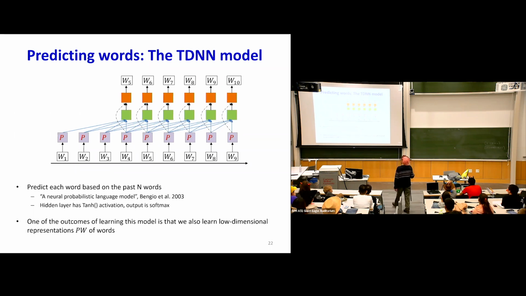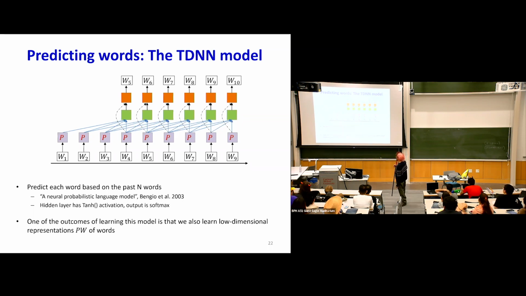So if I want to mathematicalize this, the prediction of the 6th word, W6, is going to look at W5, 4, 3, 2, and 1, right? Or in this particular example, each word is being predicted based on the previous 4 words. And so this is what your prediction is going to look like.